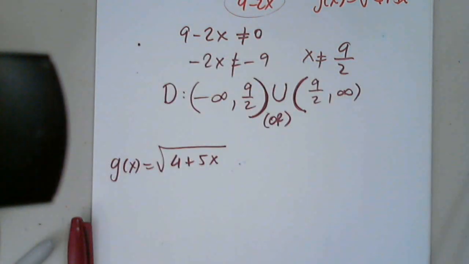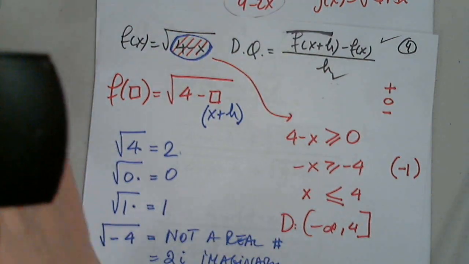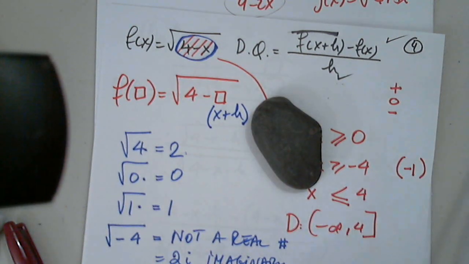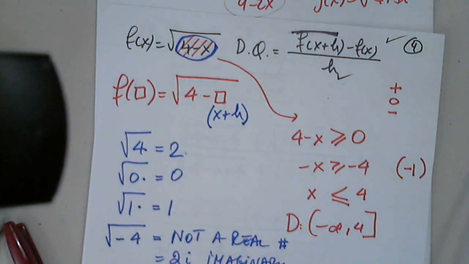Oh, it's greater than or equal to 0? No, this is not what we wrote. I did not say greater than or equal to 0. I wrote something else. What did I write?